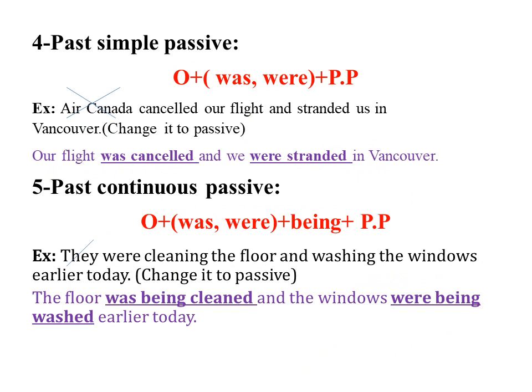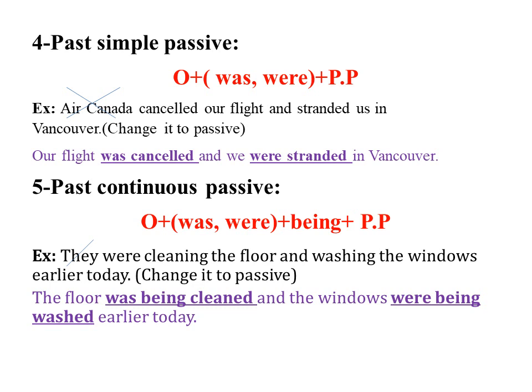Number four, past simple passive. We have this pattern of object plus was, were, plus past participle. Let us see this example: Air Canada cancelled our flight and stranded us in Vancouver. Change the active sentence to the passive sentence. At the beginning, Air Canada is removed because it's the subject of the sentence.